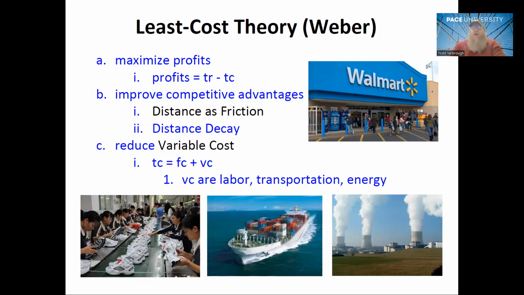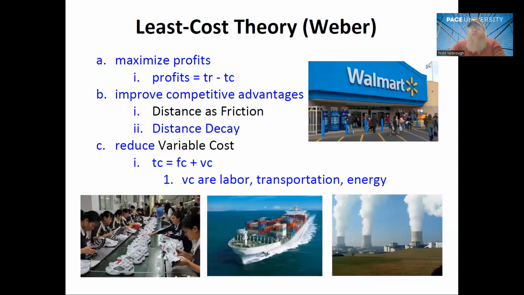This is something we've been talking about in class for the last few class periods, this idea that distance represents friction in the spatial concentration of firm locational decisions. And so firms try to take advantage of reducing those frictions within their own supply chain in ways that make them more efficient than their competitors.